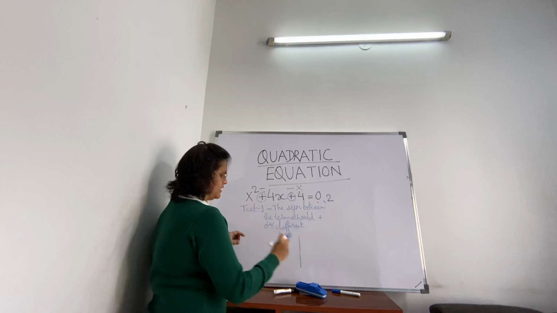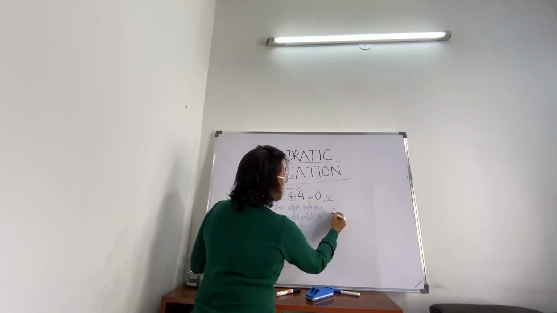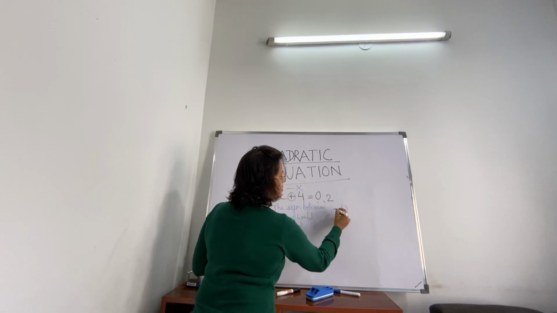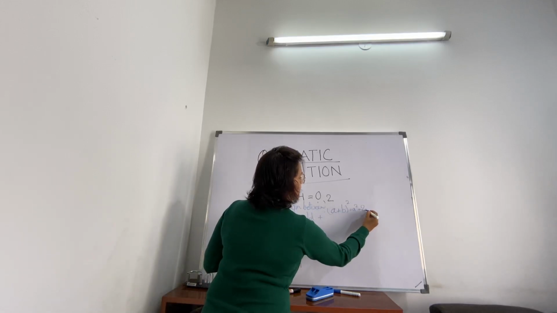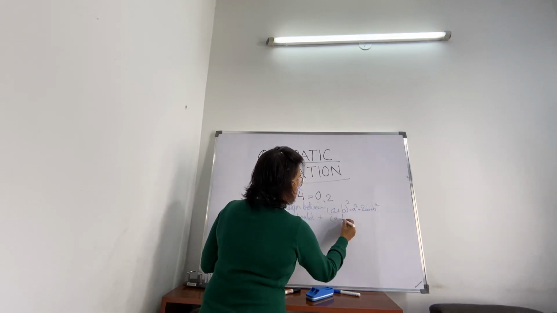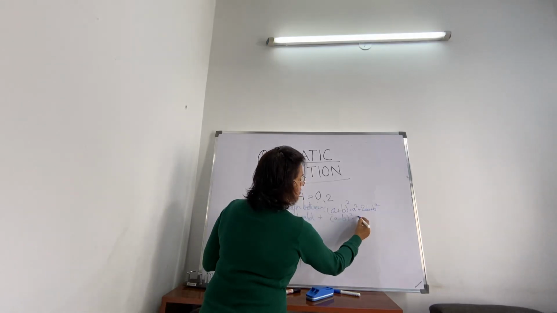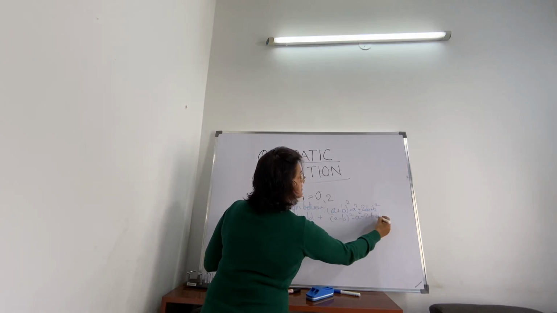Suppose I take (a plus b) whole square, as I wrote before, it is a square plus 2ab plus b square, and (a minus b) whole square is equal to a square minus 2ab plus b square.